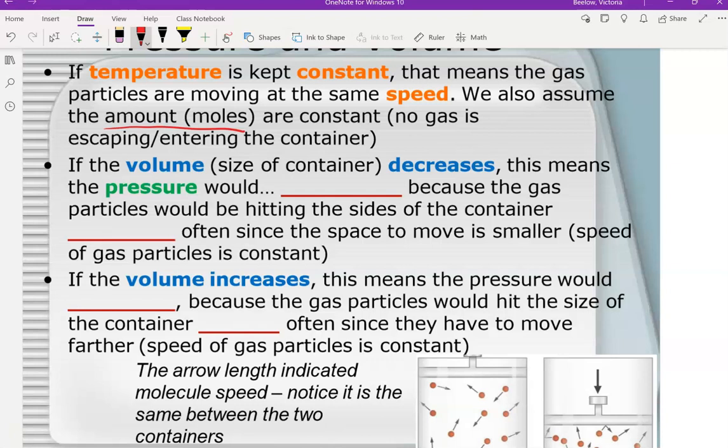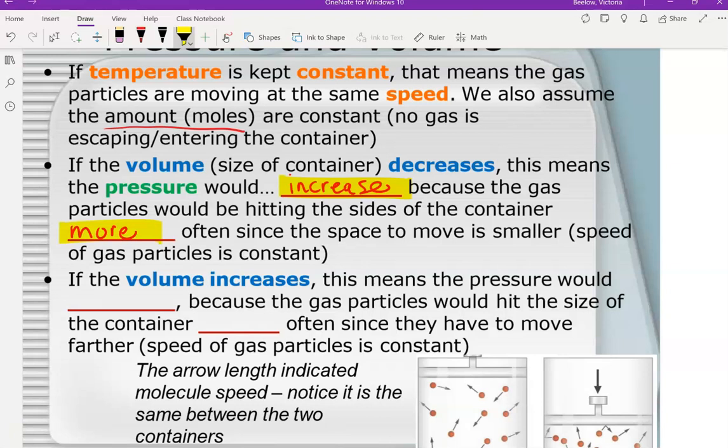As the volume, the size of the container, decreases, this means the pressure would increase, because the gas particles would be hitting the sides of the container more often, since the space to move around is smaller.